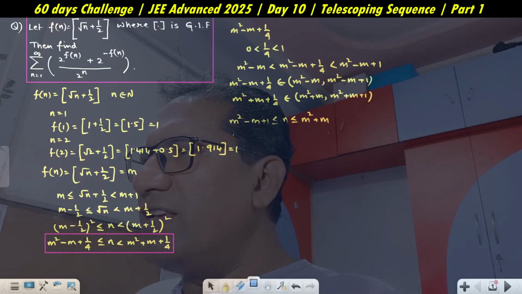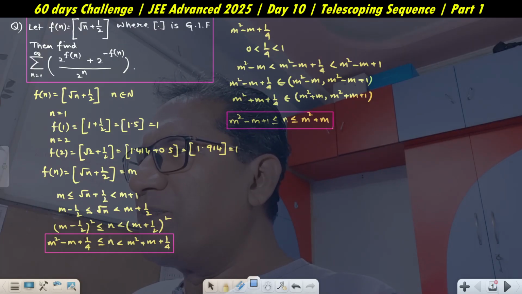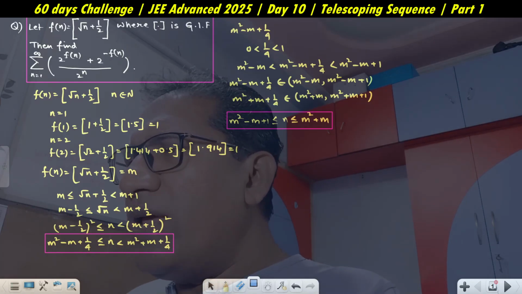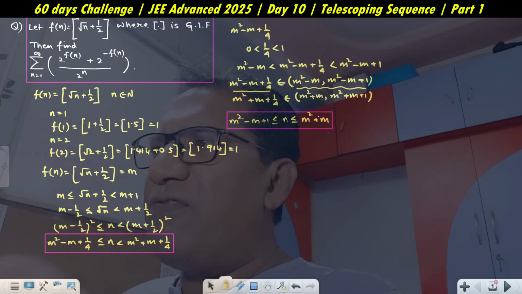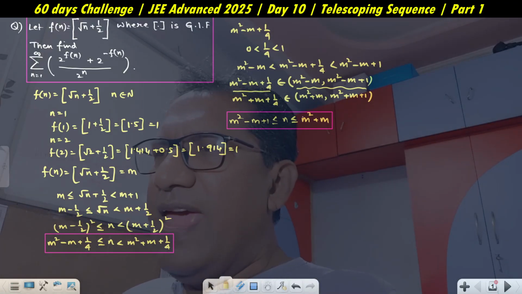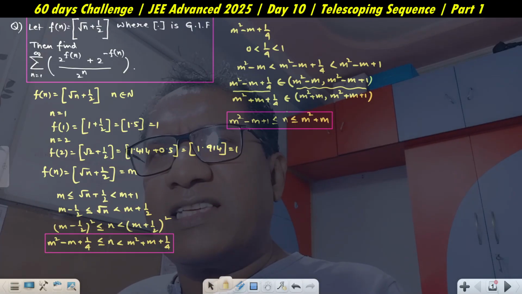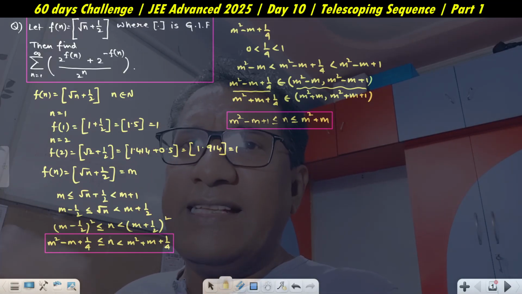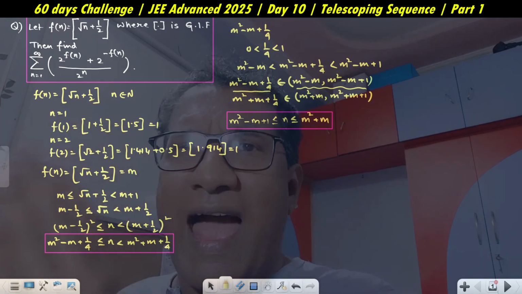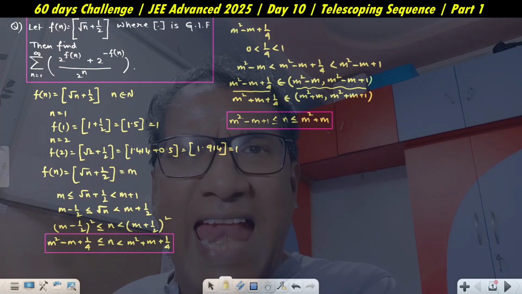This is always true. Please check this one. This is always true because as m square minus m plus 1 over 4 is lying between this, whatever may be the value of m, if I say that n is greater than or equal to m square minus m plus 1, it satisfies all the values of m for n.